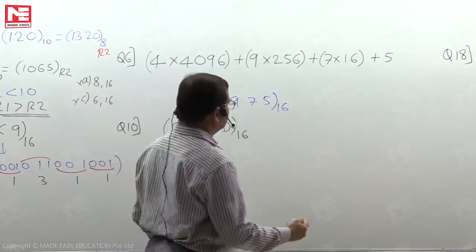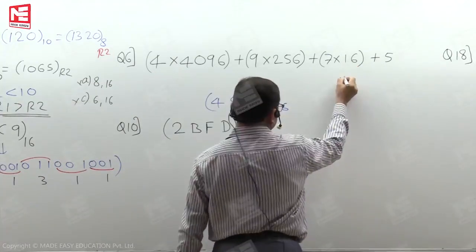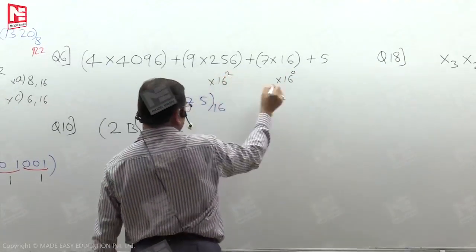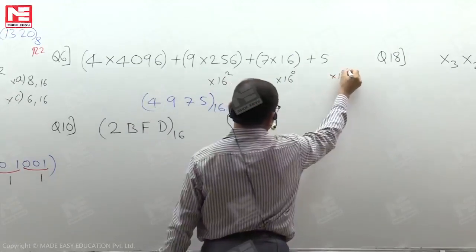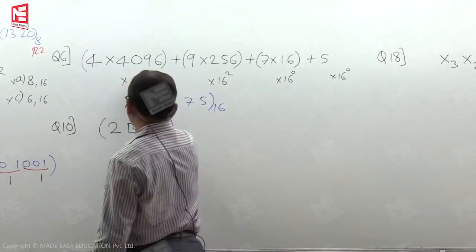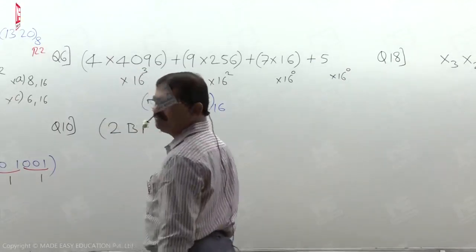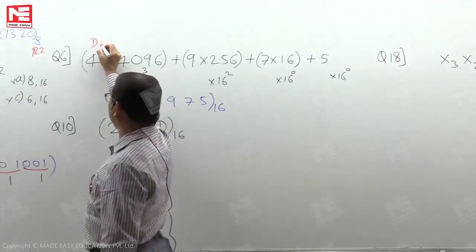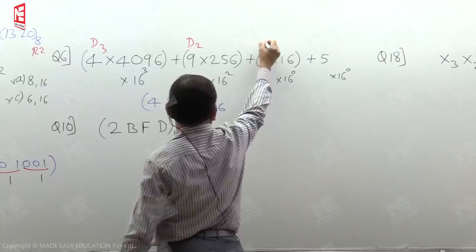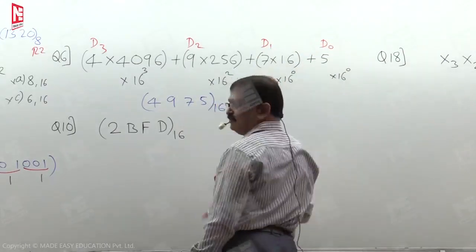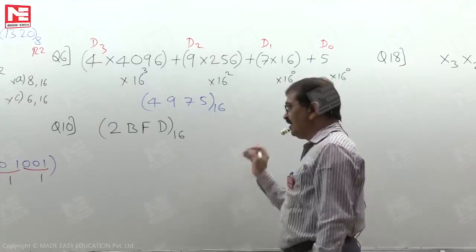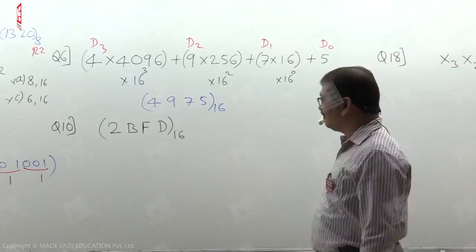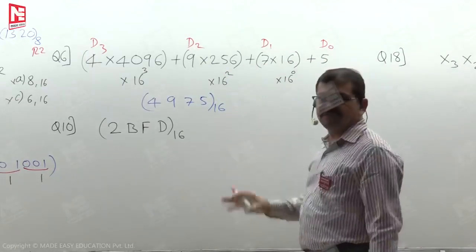While looking at this, we can understand this is 16 to the power of 0, this will be 16 to the power of 1, then 16 to the power of 2, and this must be 16 to the power of 3. Hence, this will be D3, D2, D1, D0. The polynomial equation and the general notation that I gave while discussing the number system, if you correlate, it is D3, D2, D1, D0 with the base of 16.